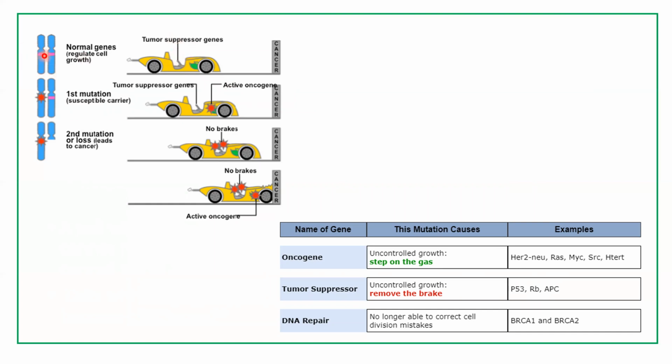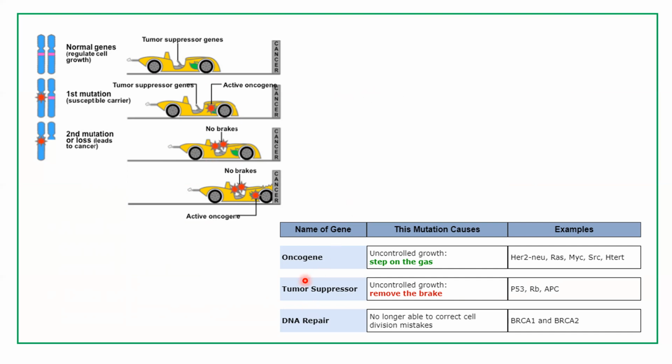Now, when a mutation happened in a proto-oncogene and it became an oncogene, or half of a chromosome is lost or a mutation happened in this gene, then your car is speeding up really, really fast. And if a mutation happened in a tumor suppressor gene, this car doesn't even have a brake, right? So that's what happens when people have cancer.